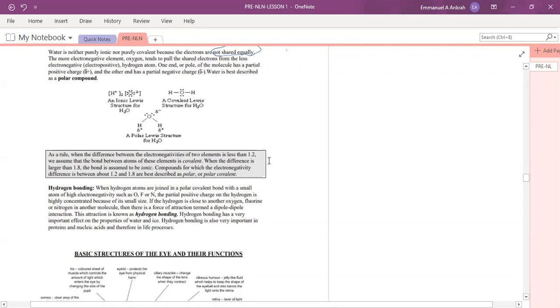These are numbers that are assigned to each atom, called the electronegativity numbers. If you take the differences and you get these values, then you can classify them as polar and non-polar. But most of the time on the test, you can use the idea that I give to you.